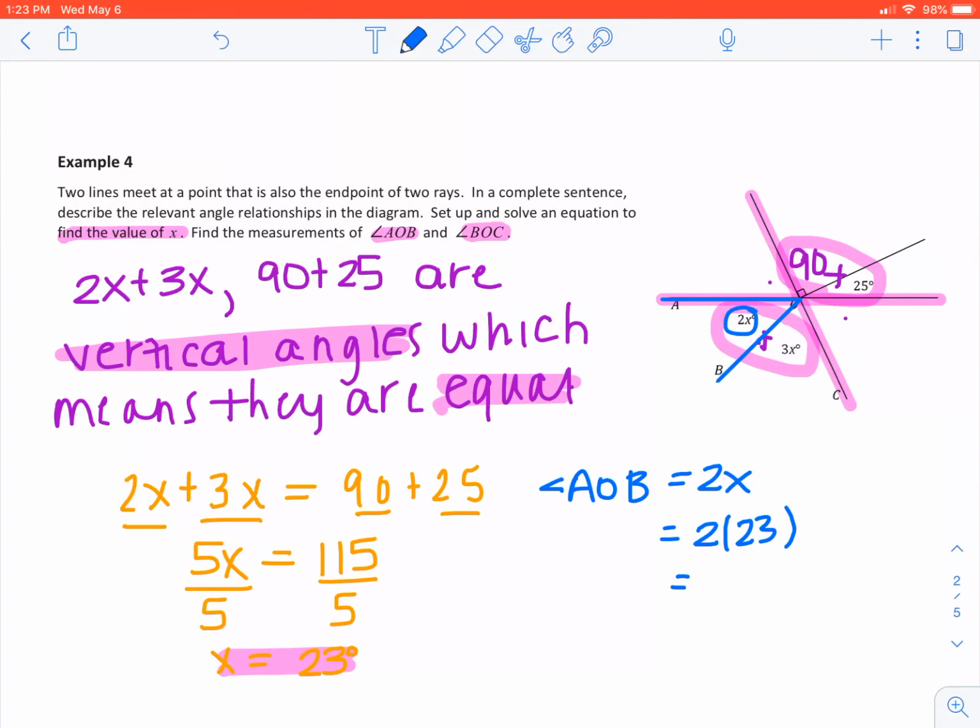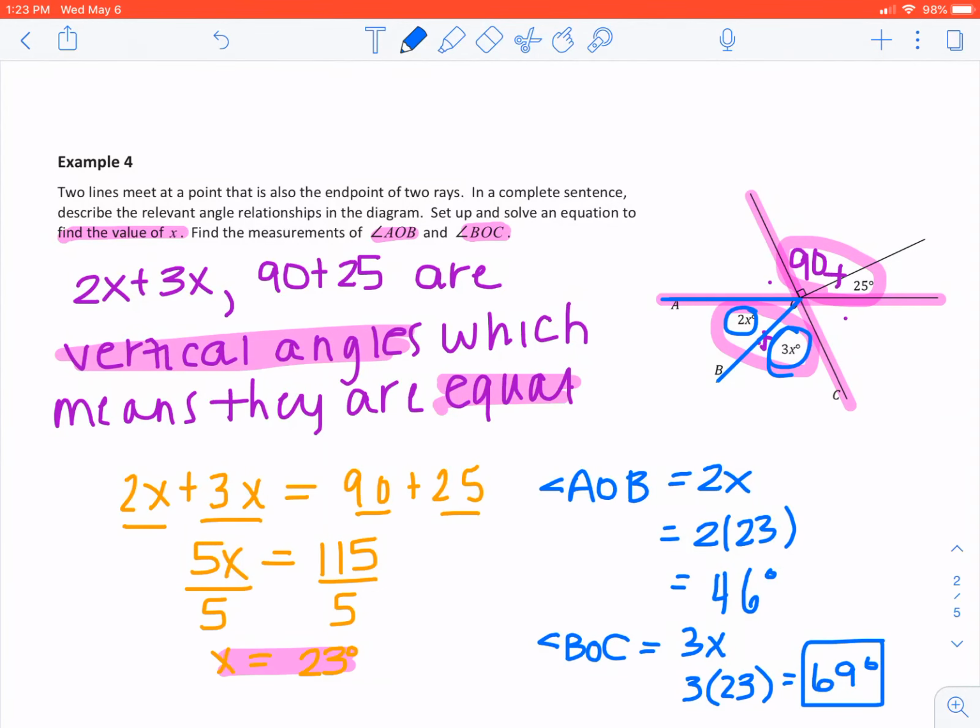So times that by 2 gives us 46 degrees. Now we still have to find angle BOC. So BOC is this angle right here, labeled 3x. So 3 times 23, let me go back and do that. 3 times 23 gives us 69 degrees. So now we have the two angles in addition to just x.